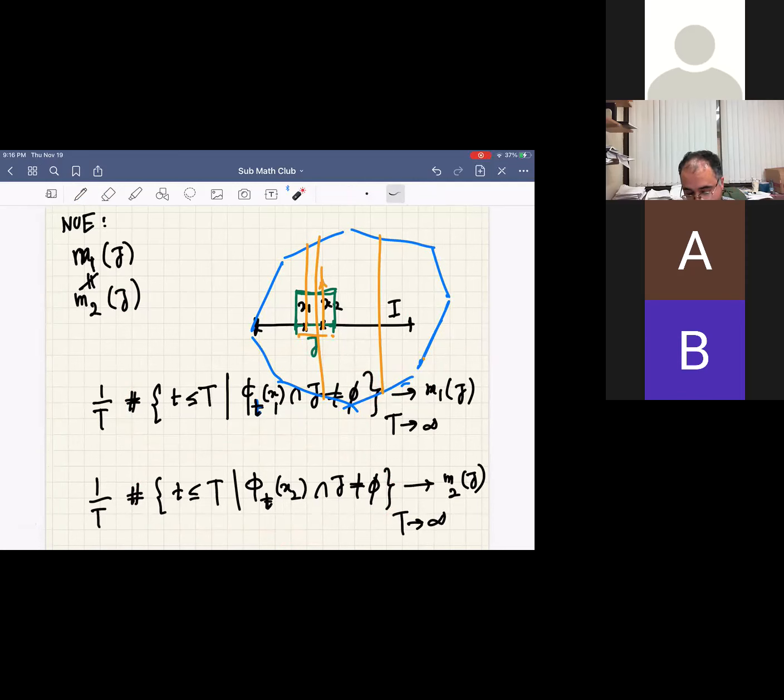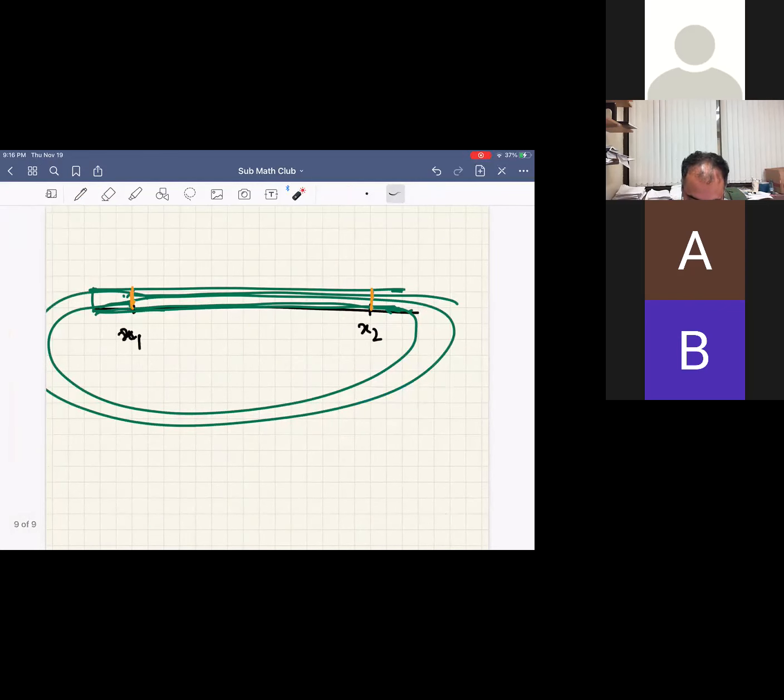So looking at the intersection of the orange thing with my interval in this picture is the same as counting the number of intersections of the green thing with the orange in the second picture.